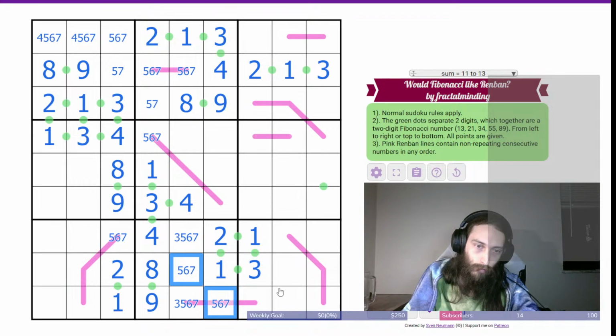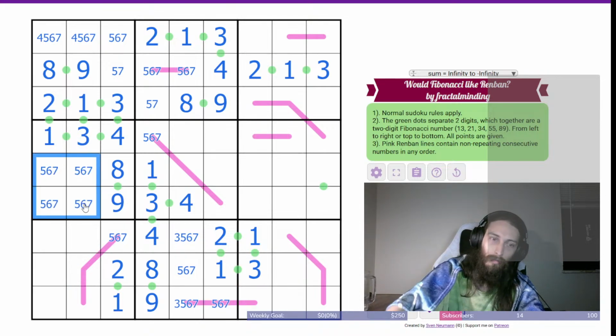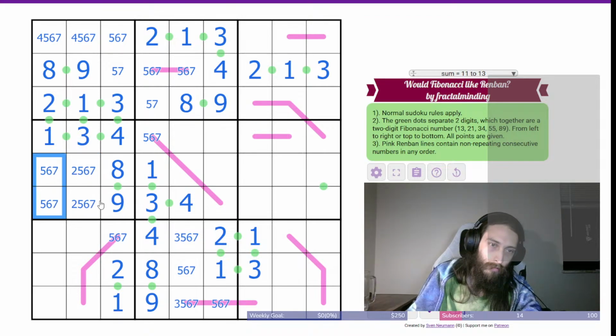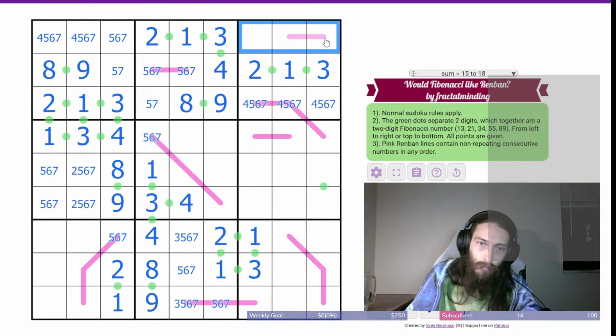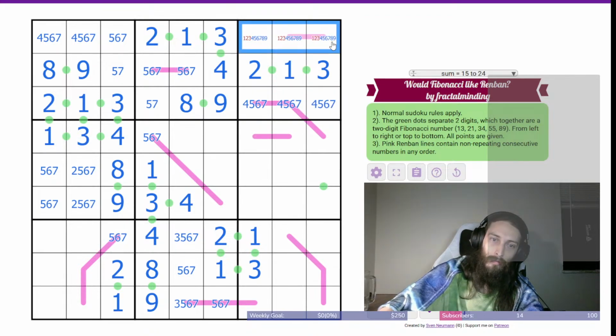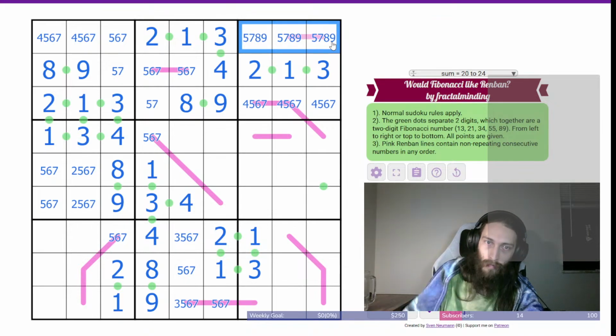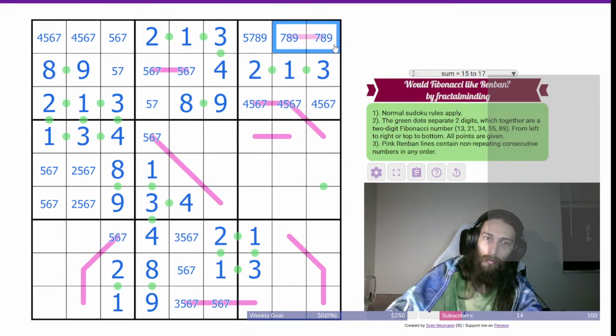Well, neither of those is a 3. 5, 6, 7, and 2. 4, 6, 5, 7. 1, 2, 3. 4 and 6. Well, you're going to have to put an 8 on here, so 5's not allowed there.